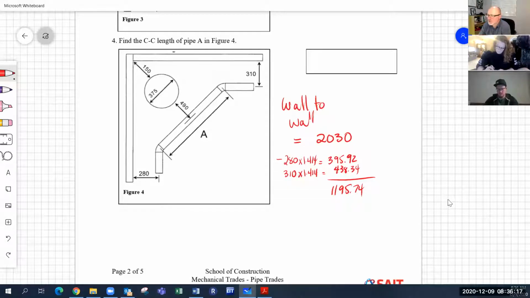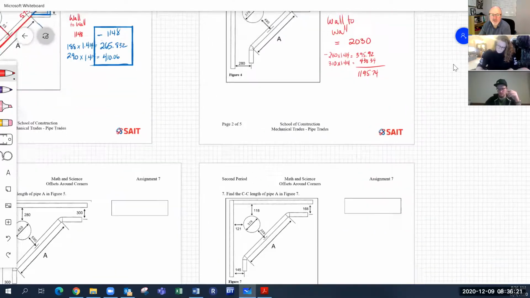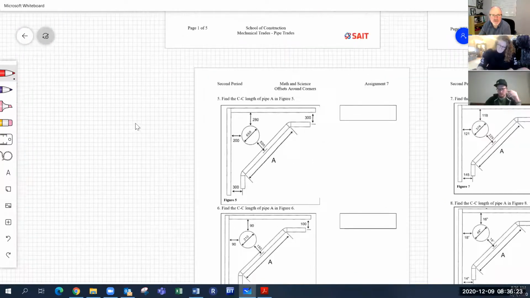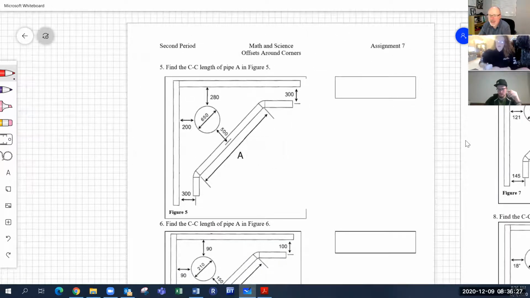Okay, so the next thing we're going to work on is offsets around corners with obstructions. So look at this. We don't have a measurement from the corner on this particular offset. And we still want to find out what A is here, but we just don't have a measurement from the corner.